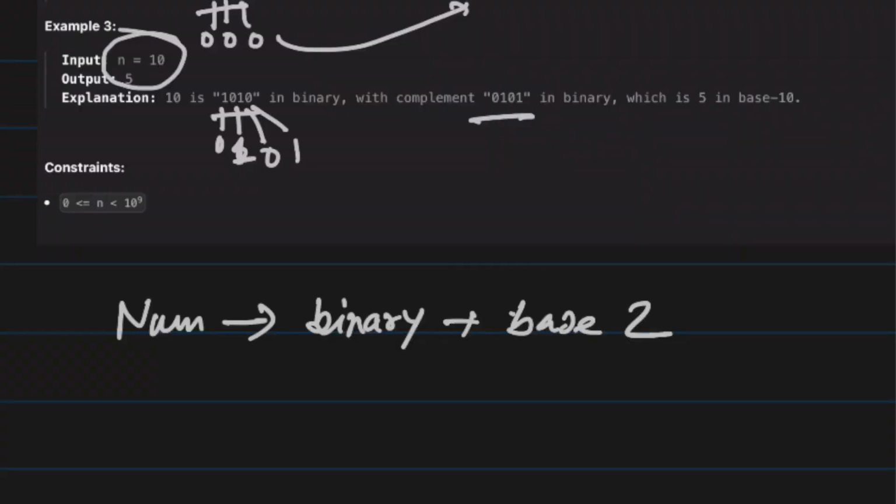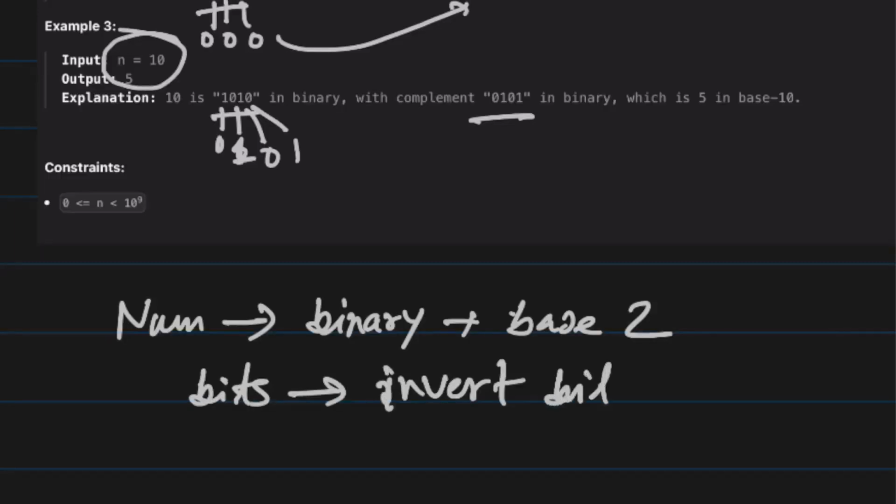After whatever base 2 representation we have, so we have bits, right? We have to invert those bits and again convert to base 10, right?